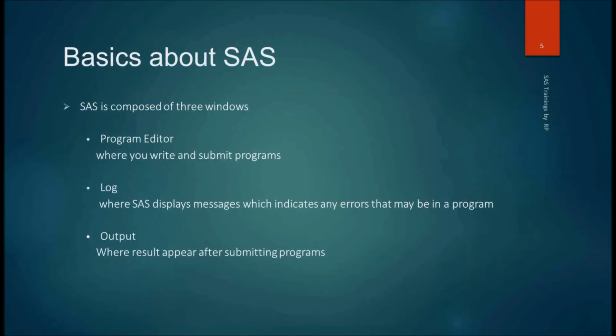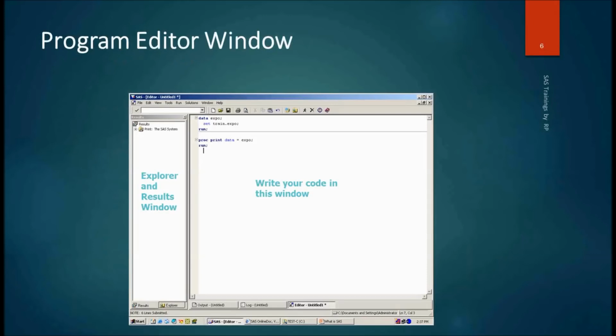Basics about SAS. SAS is composed of three windows. One is the program editor, where you write and submit your programs; a log window, which displays SAS messages indicating errors that may be in your program; and an output window, where results appear after submitting your program.